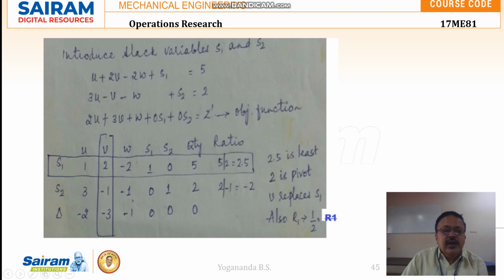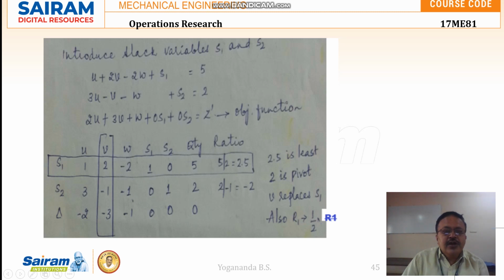Keeping u, v and w as 0, my slack variable s1 will be equal to 5 and my slack variable s2 will be equal to 2. Initially making s1 and s2 the basic variables and u, v and w as 0 means the solution becomes s1 is equal to 5 and s2 is equal to 2.